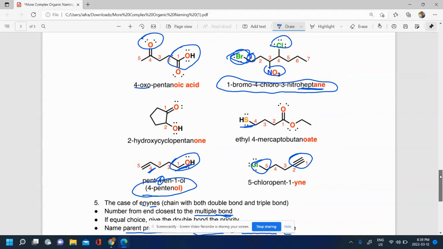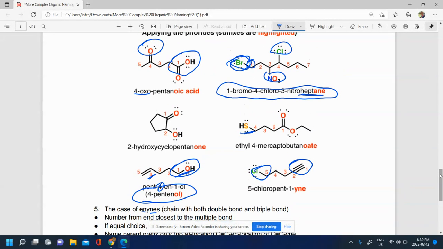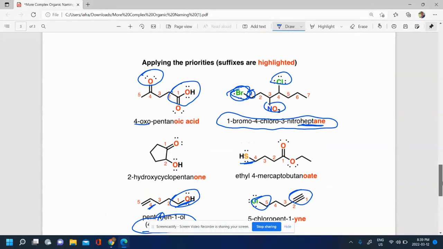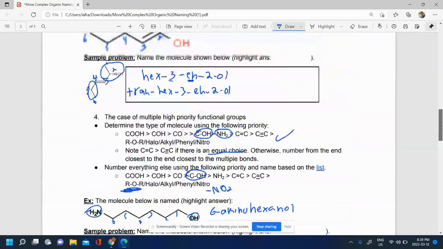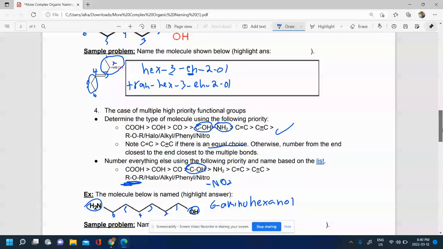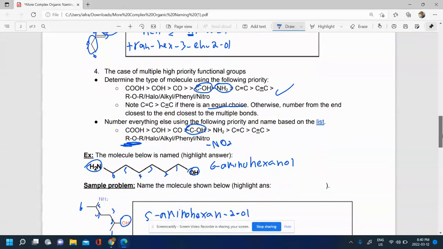And then here we have a hydroxy cyclopentanone. This one here is a bit of a weird one. In reality, based on the rules I taught you, your highest priority would have been, let's go take a look. The OH is higher in priority. Actually, nope. Yeah, the double bond, it's not a way around at all.